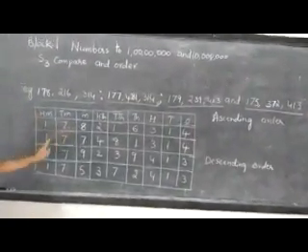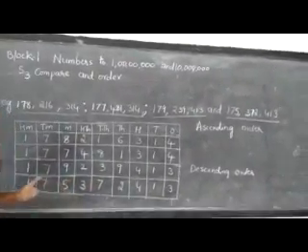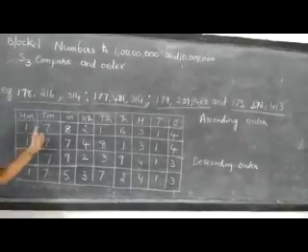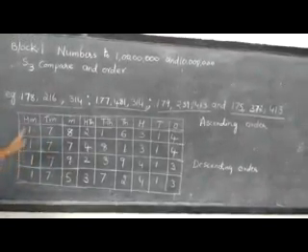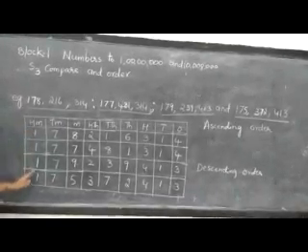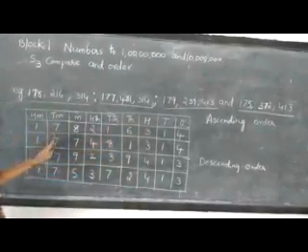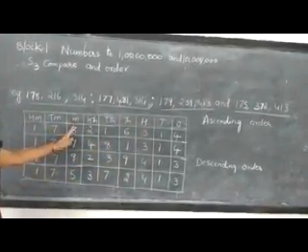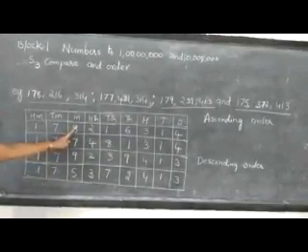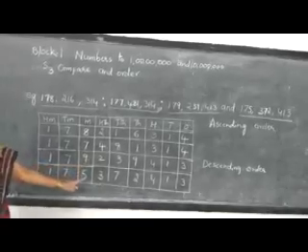First number, second number, third number, fourth number. First we find the biggest number. In the highest place value, all have 1. In the second place, all have 7. In the third place, here 8 is there, here 9 is there. See here 9 and here 5.